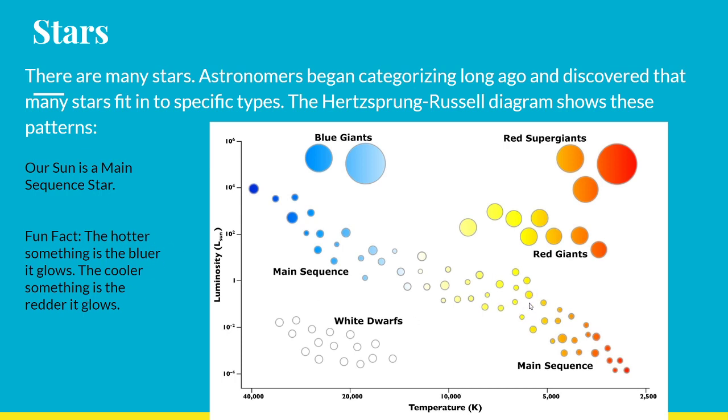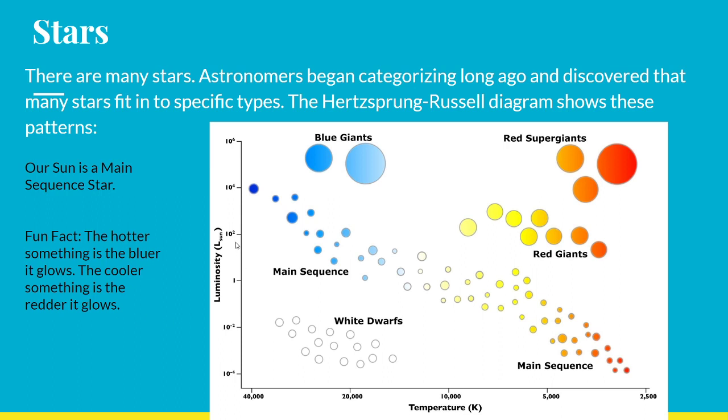It's a yellow star for what it's worth. And the main sequence of stars looks a little bit like this. And then you have these other things. You have blue giants, and you have red giants, and then you have red supergiants. You have white dwarfs. And so all the stars that we see fit into these categories, if you will.